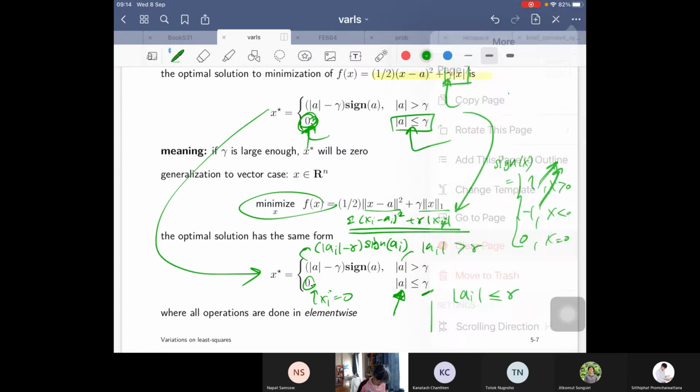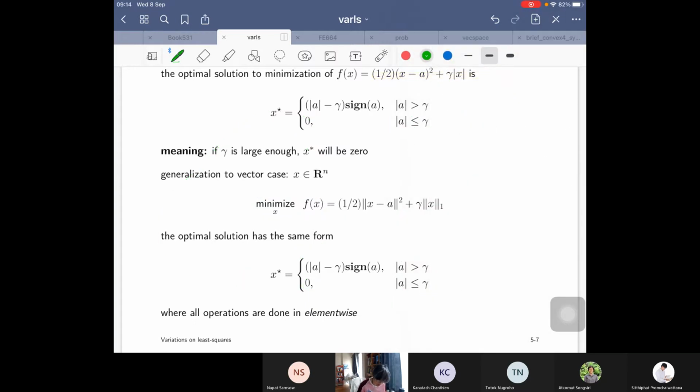With this conclusion, let me emphasize that whenever gamma is big enough, some of the entries in a will be less than gamma, which means some of the entries in x will be 0. If x has a lot of zeros, we say that x is sparse.